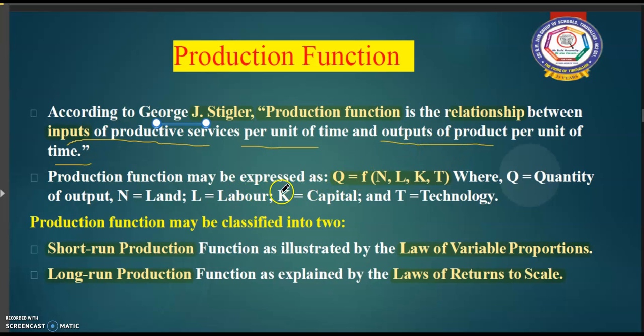It may be expressed as Q equal to F of N, L, K, T, where Q is the quantity of output, N is land, L is labor, K is capital, and T is technology.